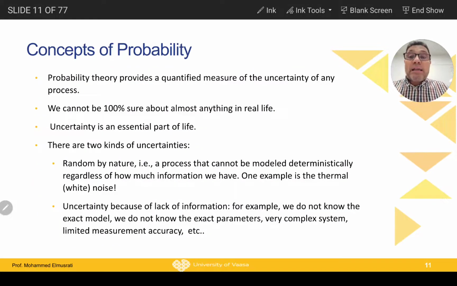Okay, now the concepts of probability. Probability is actually a mathematical branch which gives a quantified measure for uncertainty. So we usually have uncertainty. Actually, we have uncertainty in everything. As they say, there is only one certain thing, which is death, but otherwise everything can be uncertain, for some people at least.